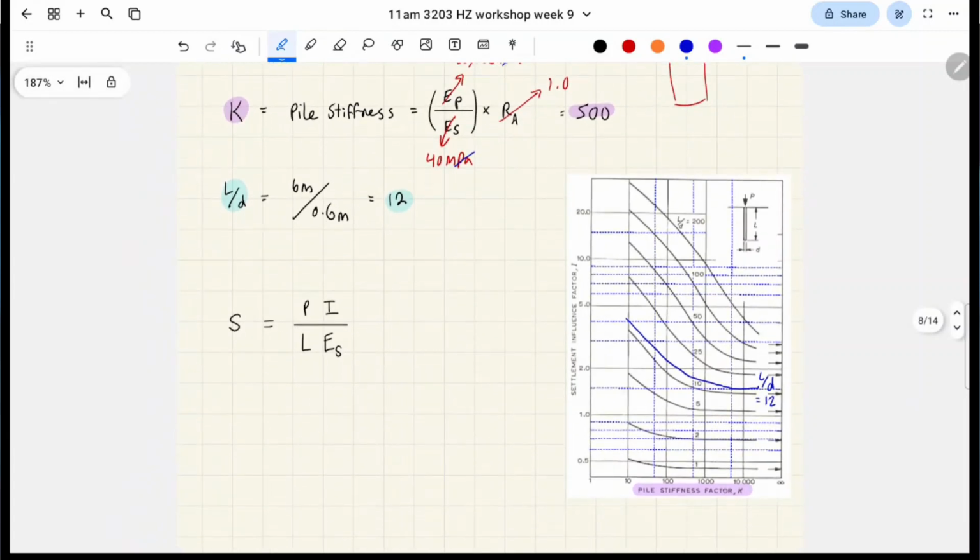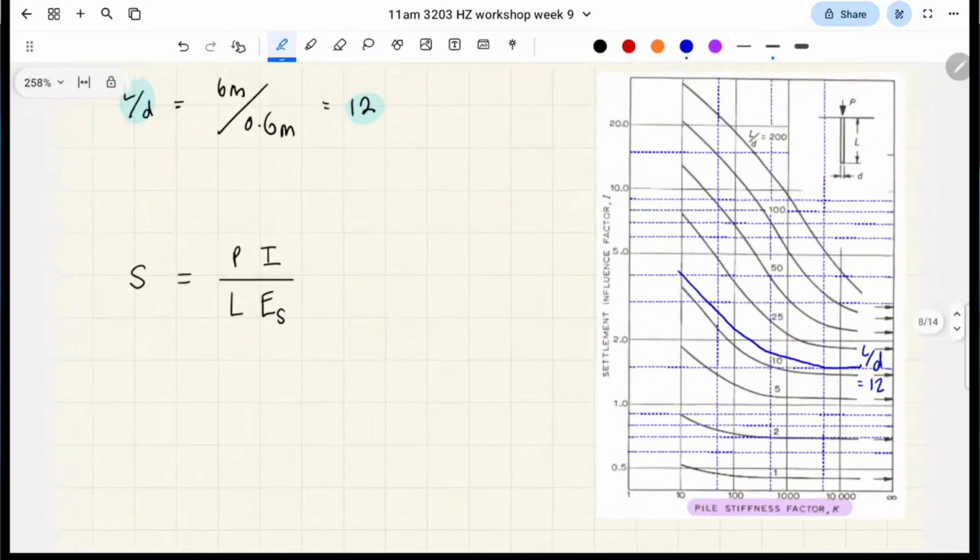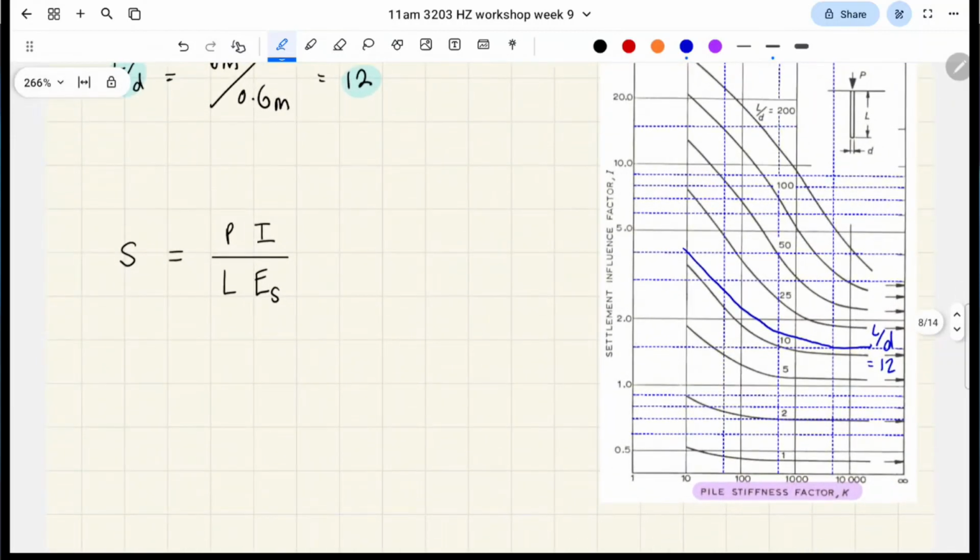Our pile stiffness is going to be 500. This is a logarithmic graph, so you see 100 and you see 1000, but luckily this dashed line in between represents 500, which is the number that we have. It goes up, hits the line, bounces off, and that's where we get our influence factor, okay? Guess what this influence factor is?